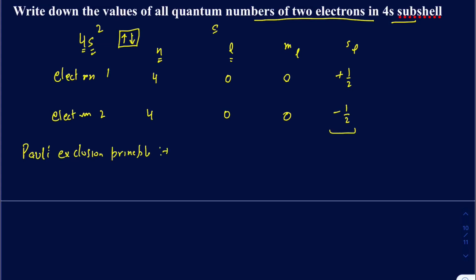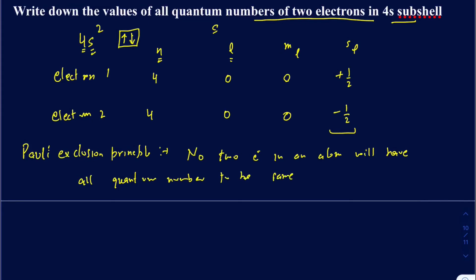The Pauli exclusion principle says that no 2 electrons in an atom will have all quantum numbers the same. What that really means is you cannot have the same address in an atom for 2 electrons. Every single electron in an atom must have a different address. So that's the Pauli exclusion principle.